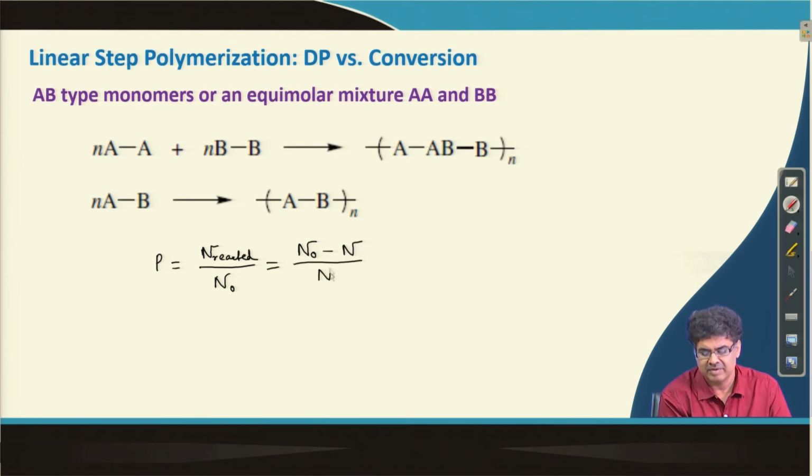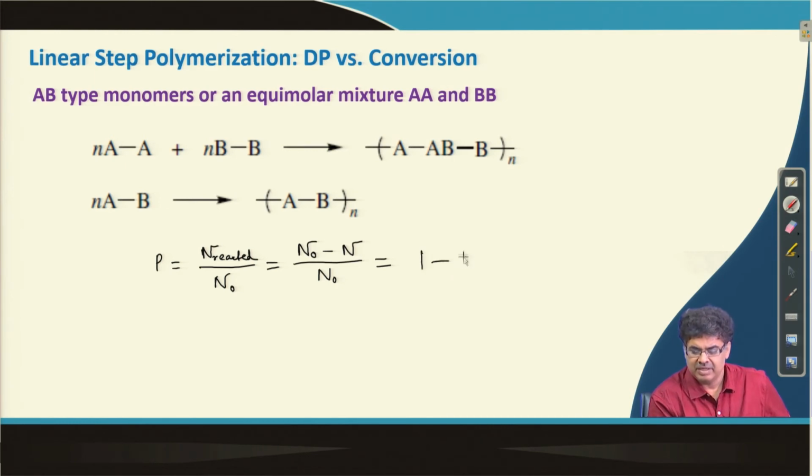So, N0 is the initial number of molecules and N is the number of molecules present now, which means N0 minus N is the functional groups which have reacted. Each molecule will have 2 functional groups, so the 2 cancels out when we talk about conversion.